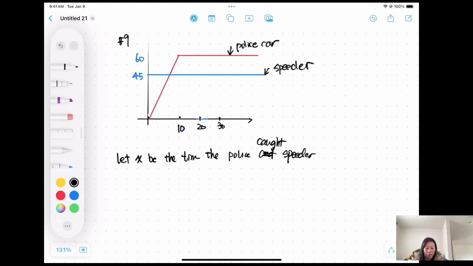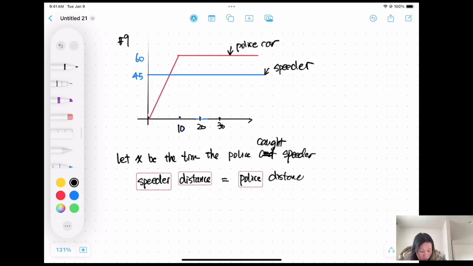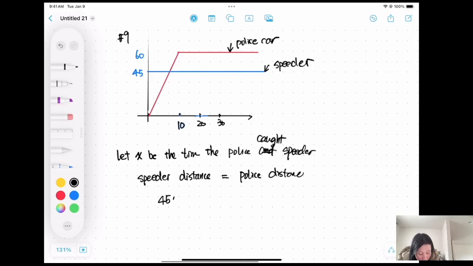So the speeder's distance should equal the police distance, which is the area. The speeder distance equals 45 times x.